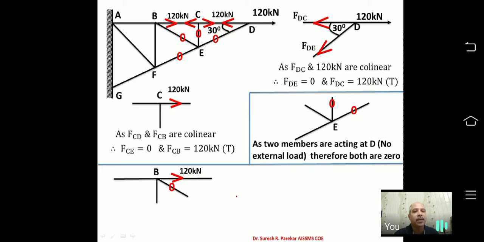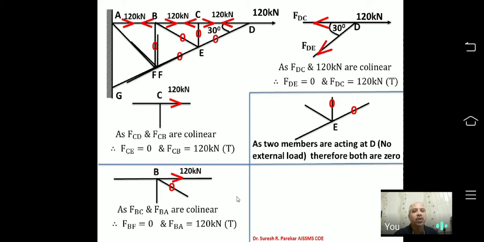As BE is 0, we have three members over there, BC, BA and BF. But out of these three, BC and BA are collinear, so force in member BF should be 0, and force in member BA is 120 kilonewton tensile. We will mark these forces again in the main figure, and then switch over to the last joint, which is joint F.